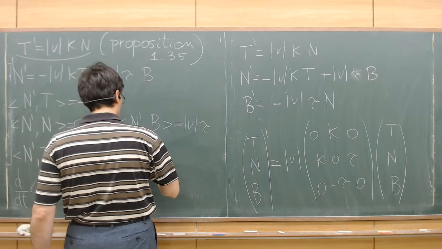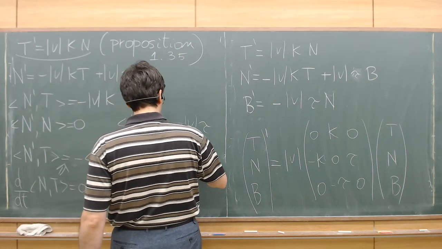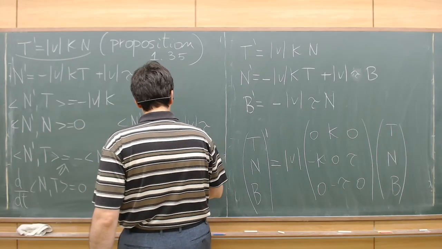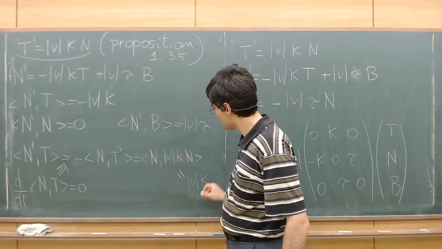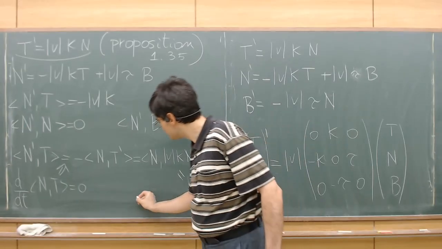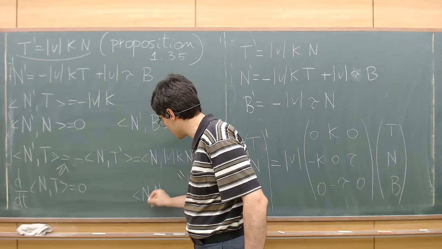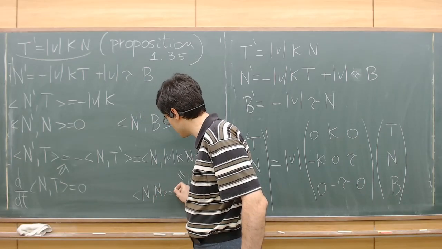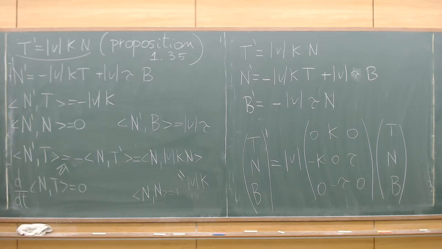So this is n multiplied by the length of v times k n, and we get immediately the length of v times k, because n is a vector of length 1. So the inner product of n with itself is 1. So we proved this identity.